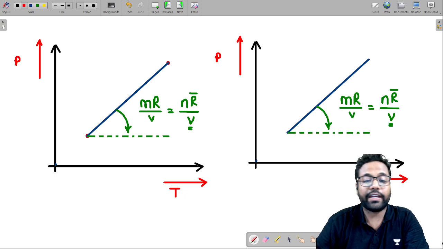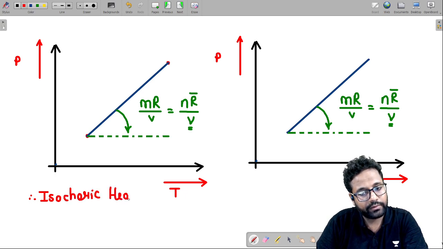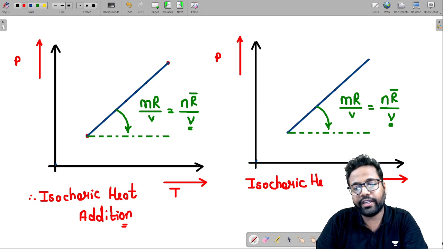Sir, for isochoric heat addition, and isochoric heat rejection, बच्चा.